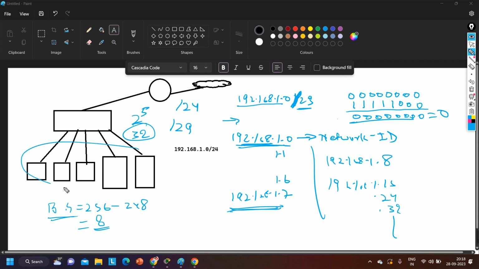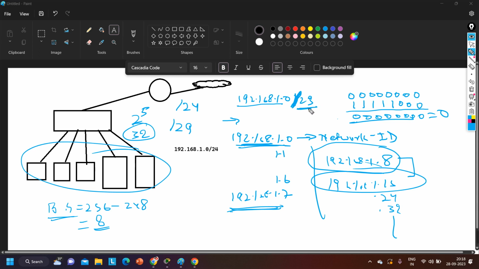And how many IP addresses do I need? Now I can use this subnet in a different organization, this one at a different site, or we can combine these two networks as well. But here I have reduced the wastage of IP addresses.